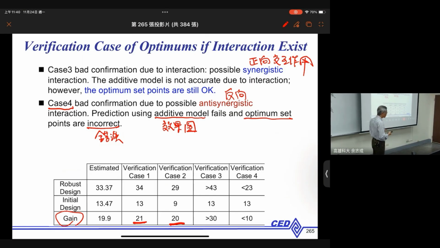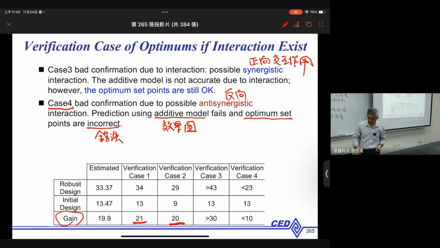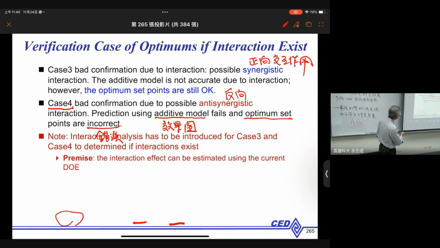Then, if you want to find out what happened, you should use interaction analysis for case 3 and case 4 to determine which two factors have interaction and whether this interaction is synergistic or anti-synergistic.